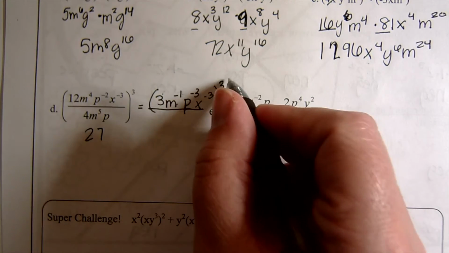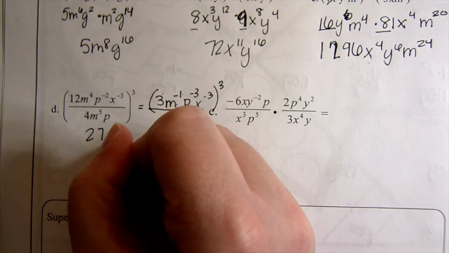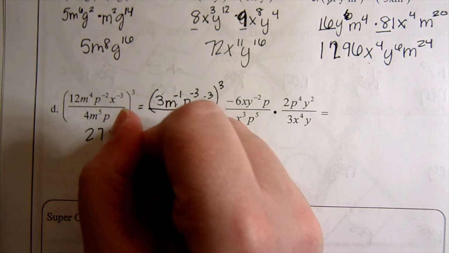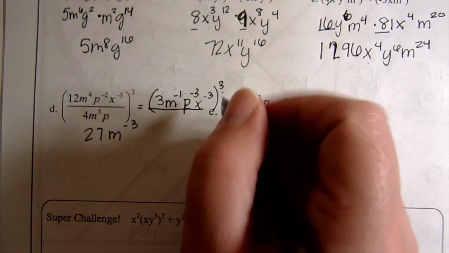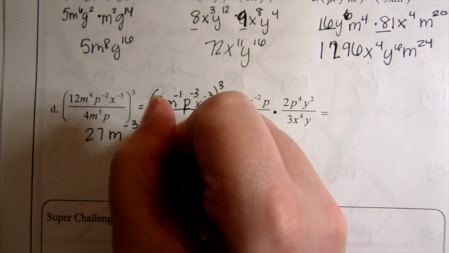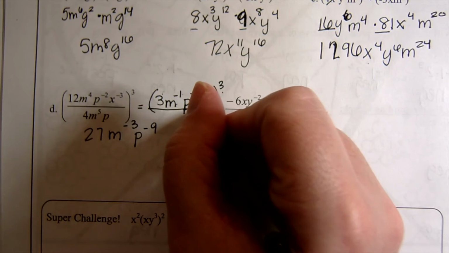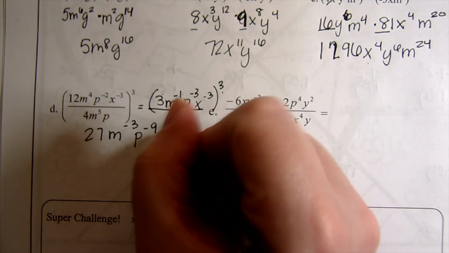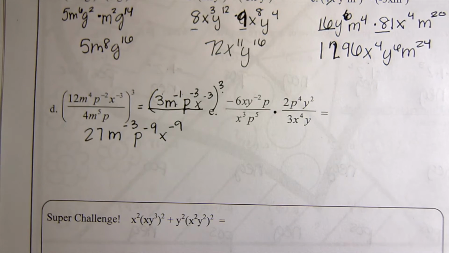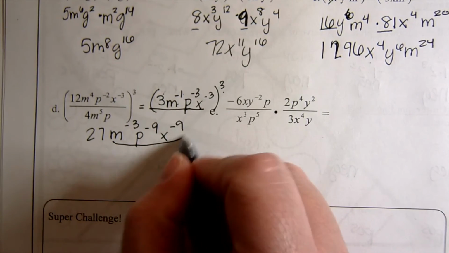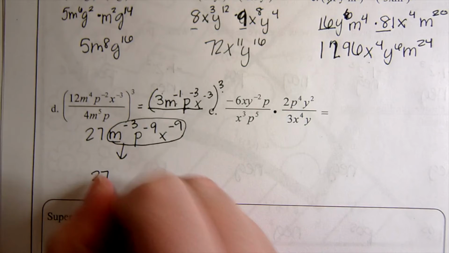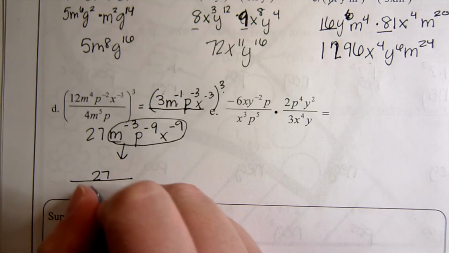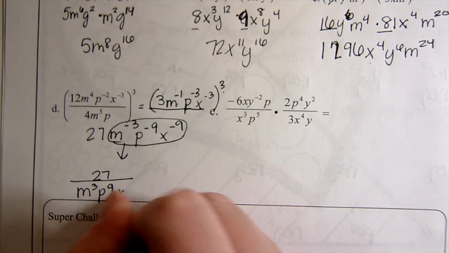M to the negative 1 cubed is m to the negative 3. P to the negative 3 cubed is p to the negative 9. X to the negative 3 cubed, x to the negative 9. Then what do I need to do? Move all of the negatives. So 27 over m cubed, p to the 9th, x to the 9th.